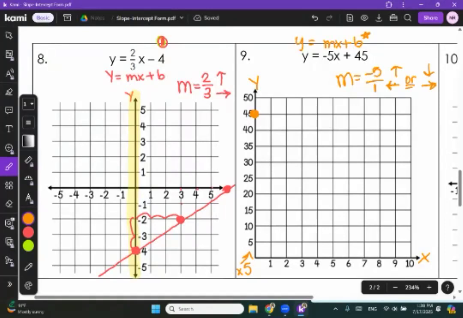So we're going to go down 5 boxes, right 1. Down 5, right 1. Down 5, right 1. And the reason I'm only going down 1 box, remember, is because we're counting by 5s. Down 5, right 1. But that ends up being that line. Make sure you draw it all the way through.